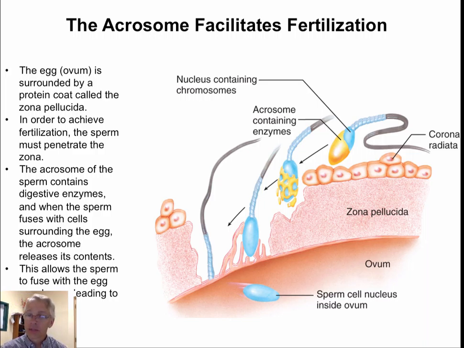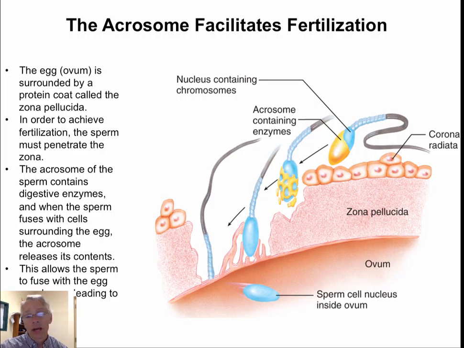So this is something that would typically take place between 12 and 48 hours after ovulation has taken place, maybe up to 3 days after ovulation, but it's usually within a couple of days of ovulation. And if there are sperm in the female reproductive tract at this time, this can happen. A sperm can meet an egg.